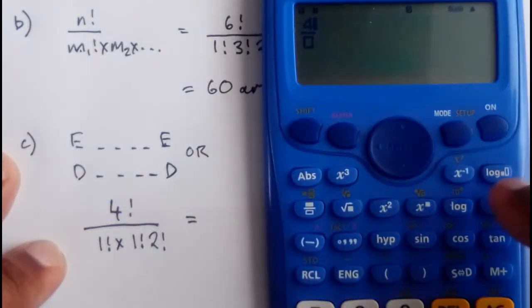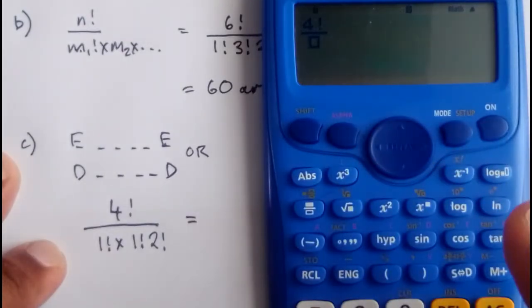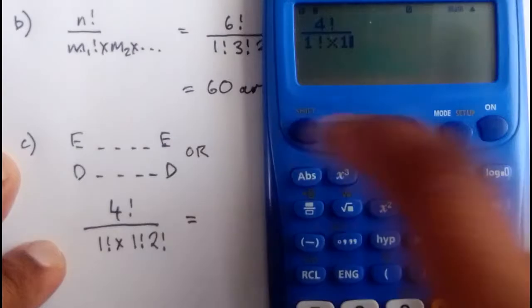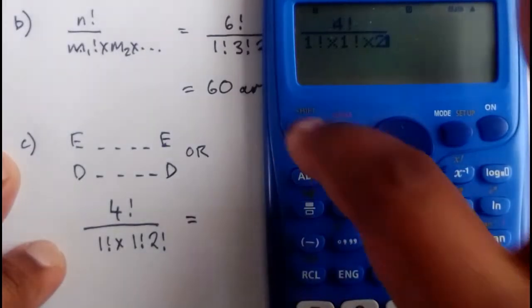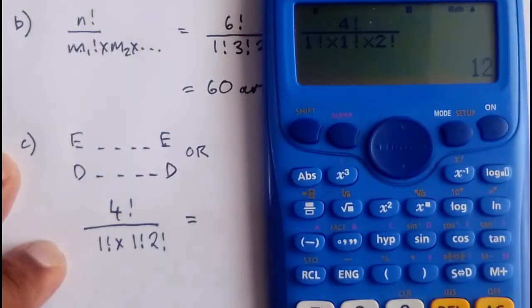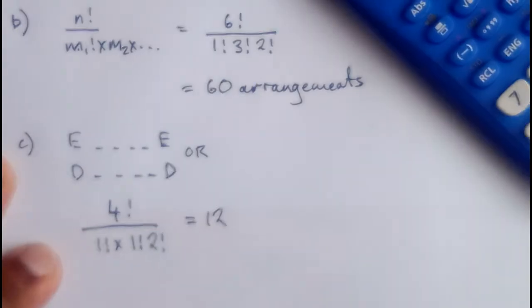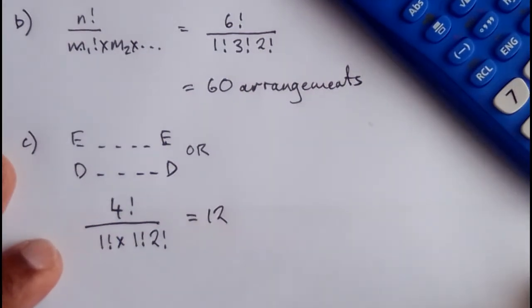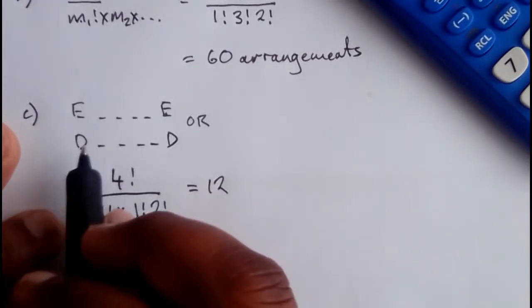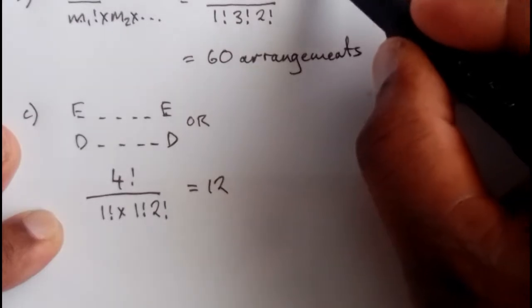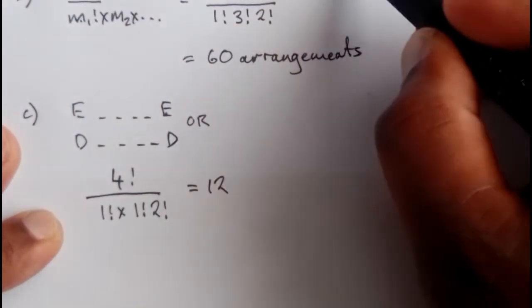Fraction 4 factorial over 1 factorial by 1 factorial by 2 factorial. So that's 12 different ways. That's the first scenario. The other scenario is if we start with the letter D and end with the letter D. Let's go back to our word. That means this is out and that's out.